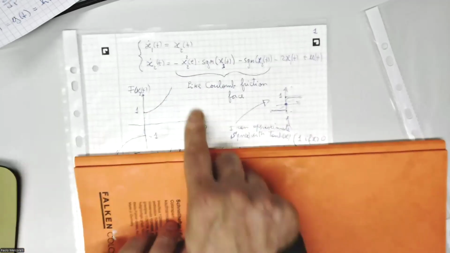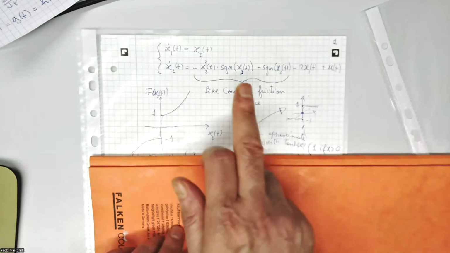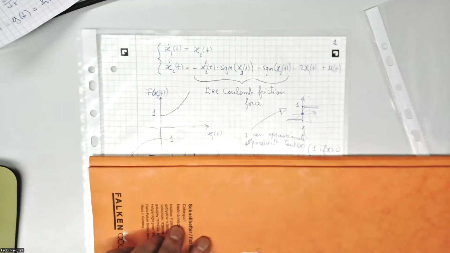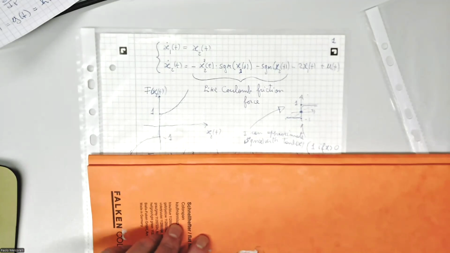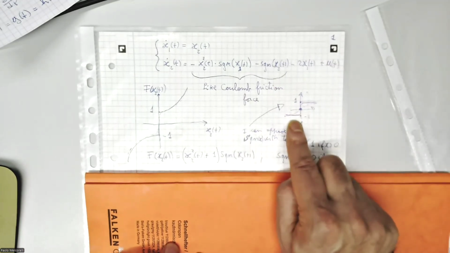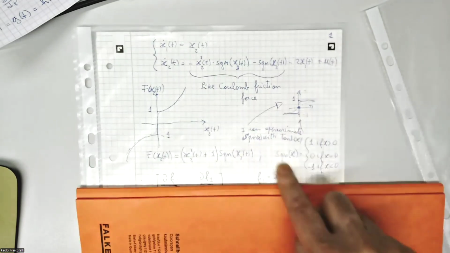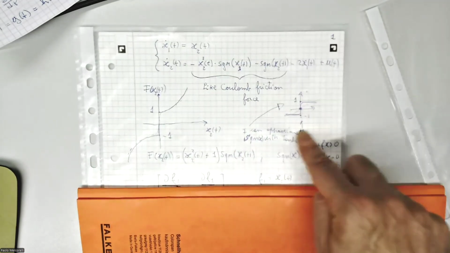Here we have a possible representation of this nonlinearity in terms of x2, the force. I told you a little about this function, SGN, the sign function. It is represented here.